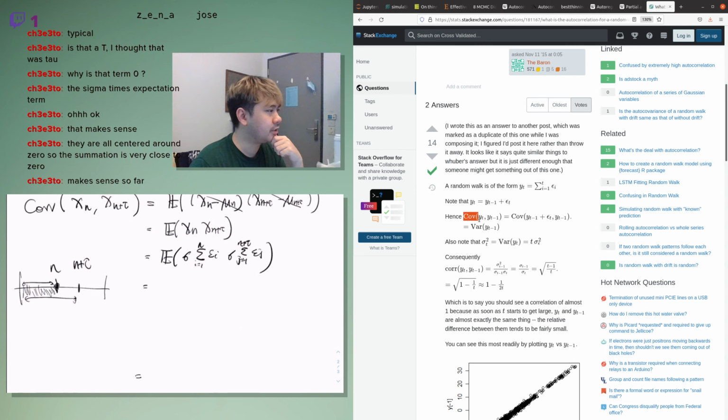Why would this be the case? I don't understand. Hence, yes, but how do you get this? Note that sigma, this is okay. Sigma t to sigma e, yeah. Consequently, I mean, but how do you get here?